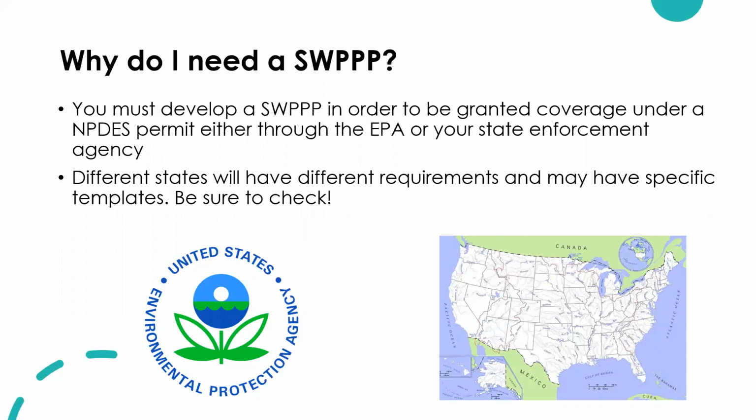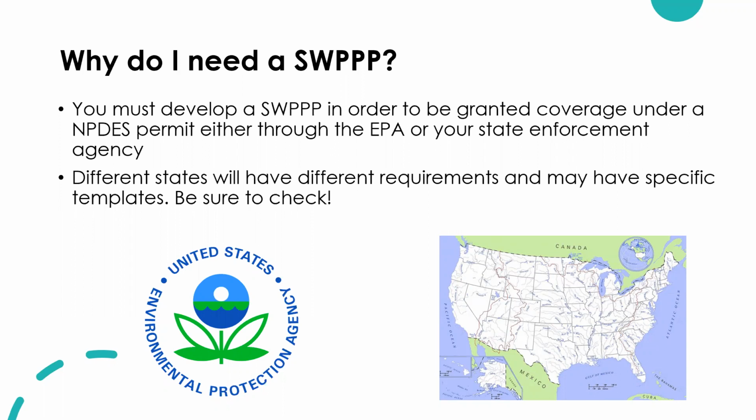All right, so switching back to both now, for industrial and construction permits, you are required to develop a stormwater pollution prevention plan. And this can be called different things in your state. For the EPA level, this is the name for it. And you'll usually see in Alabama for an industrial facility, it's called the Stormwater Pollution Prevention Plan.